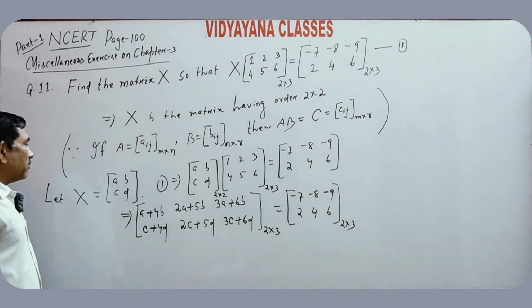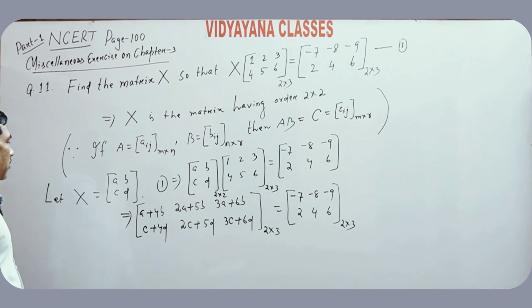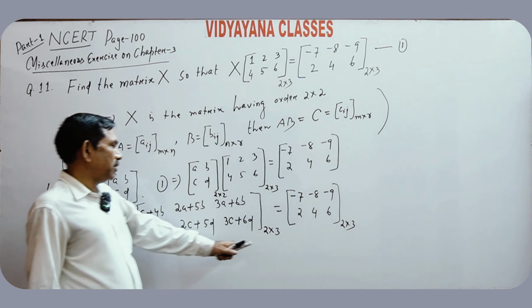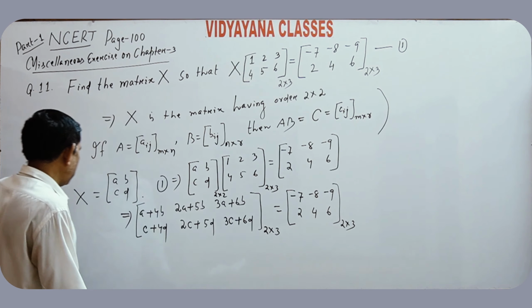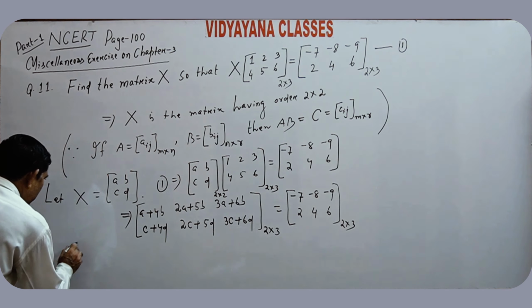Two matrices are equal if their corresponding elements are equal, having the same order. It is 2 cross 3, it is also 2 cross 3, implies yes.